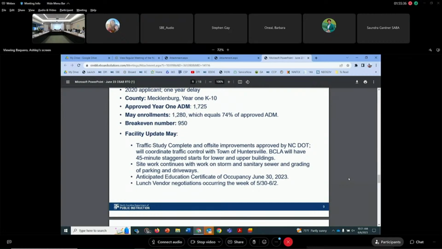When you say calendar adjustment, when are you supposed to start, and then when would you start? Sure, we already did the calendar adjustment to start as well, so we're starting on August 21st. We would just add that time on the end if we, by any chance, did not get our certificate of occupancy. Okay, so if you start August 21st, you're pretty much starting when everybody else is starting, not a big deal.